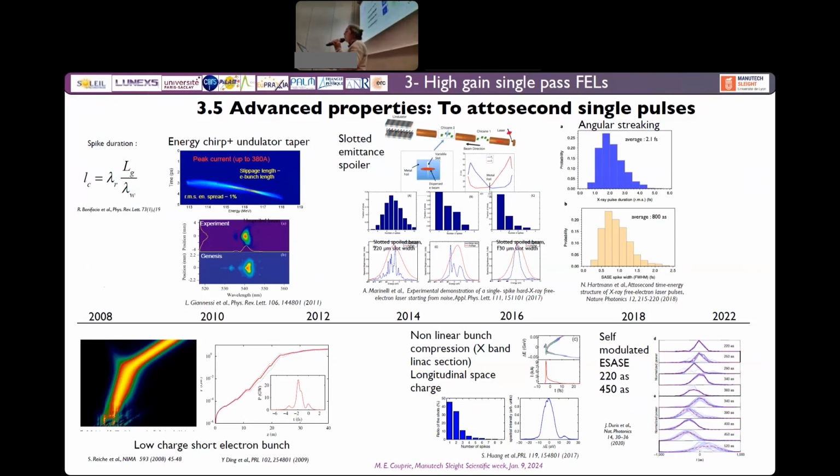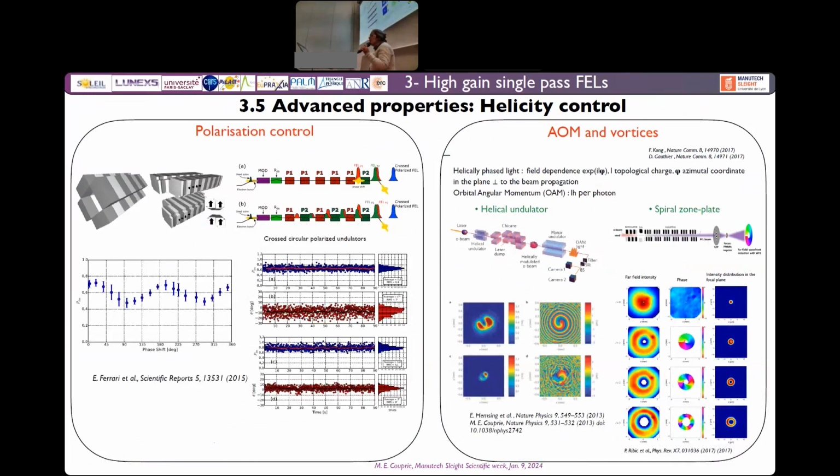So if I continue with advanced properties, polarization control is kind of simple because we can play with the polarization with undulator type. If we have a planar undulator, we have the electric field which is emitted in the plane of the trajectory, so horizontally, horizontal polarization.